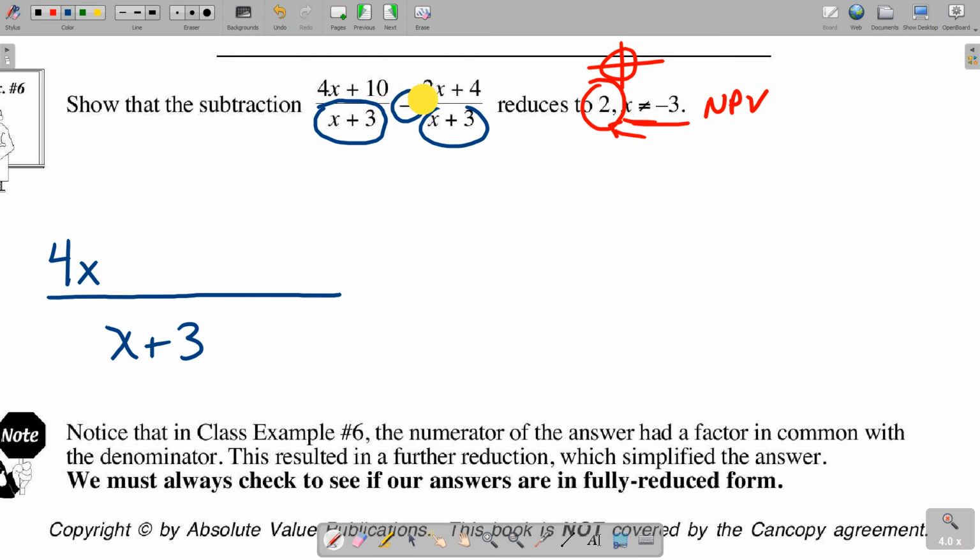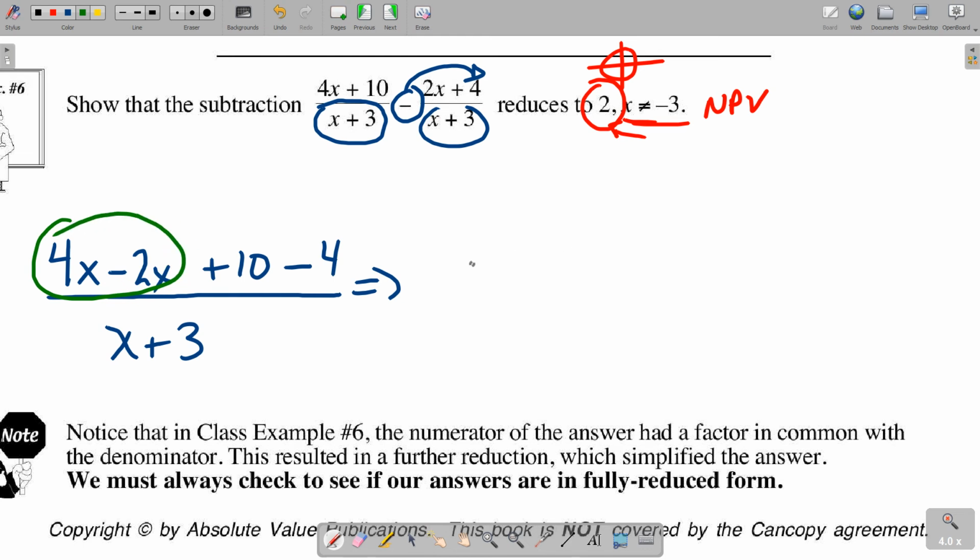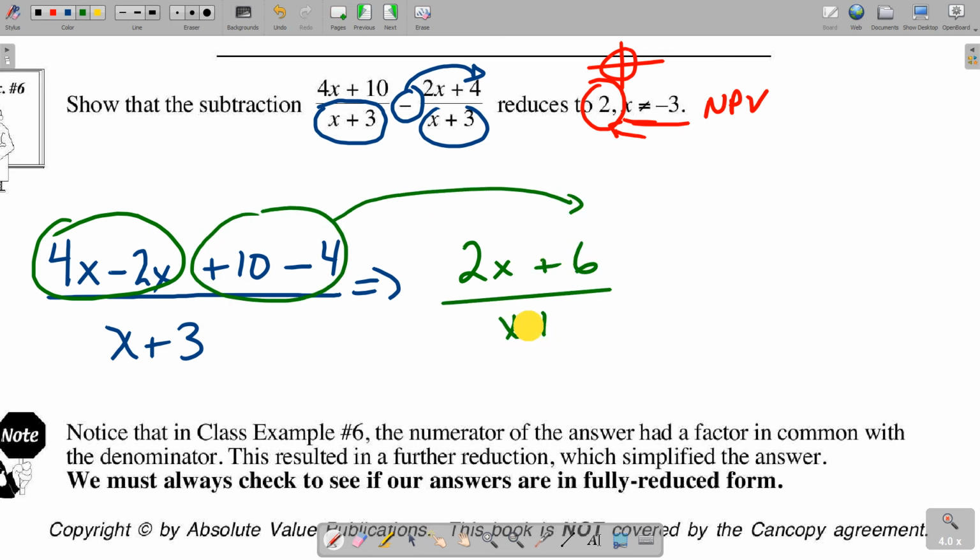We have a subtract 2x. I have 10. And then minus the 4. Gathering the like terms. 4x, take away 2x, is 2x. Plus 10 minus 4 is plus 6 over x plus 3.